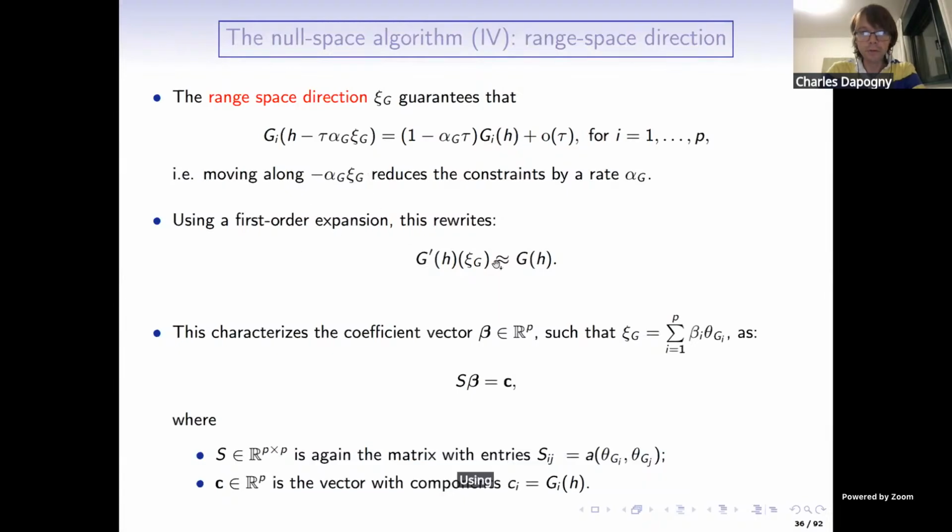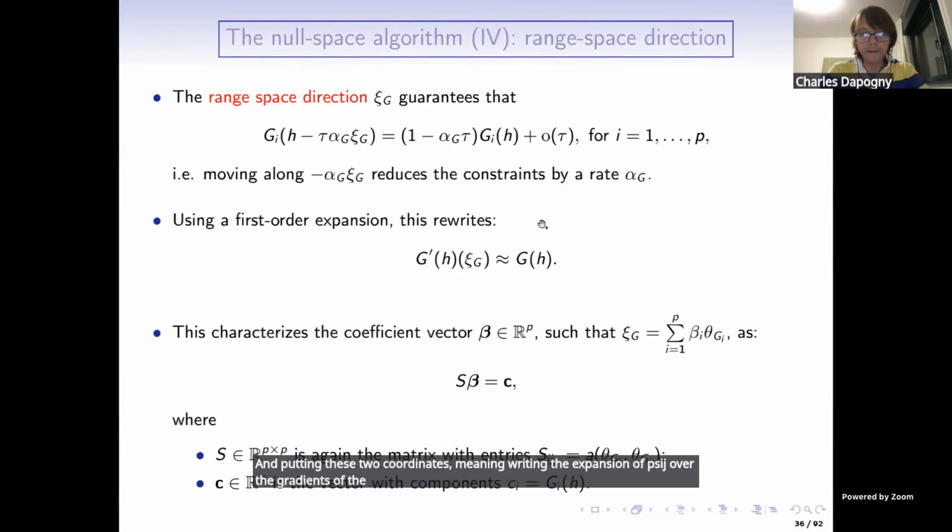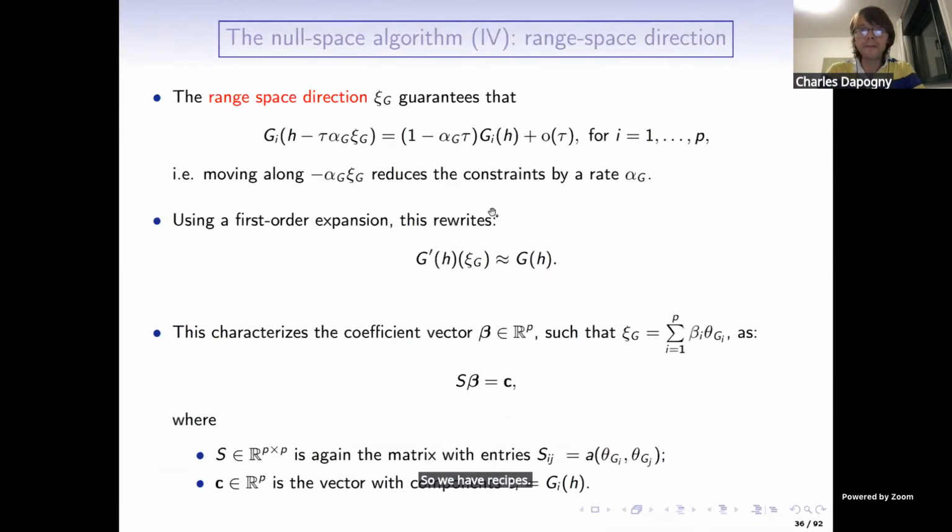Using a first order expansion, this rewrites as J prime of h in the direction psi j should be equal to j of h. Writing the expansion of psi j over the gradients of the constraints, this rewrites as a linear system of this form, with again the same matrix S as before, and another right-hand side that can also be calculated completely explicitly. So we have recipes, formulas, for calculating these null space and range space directions explicitly.